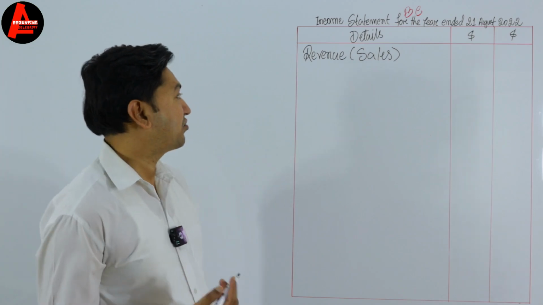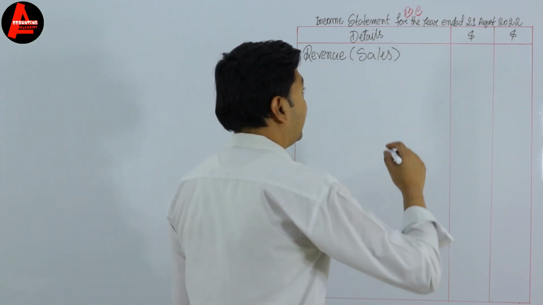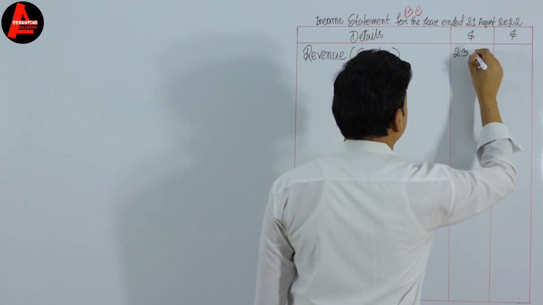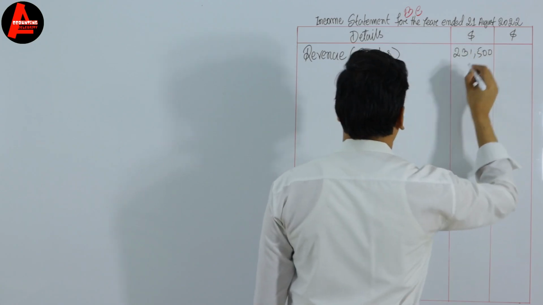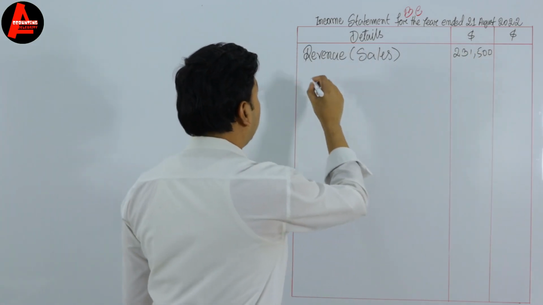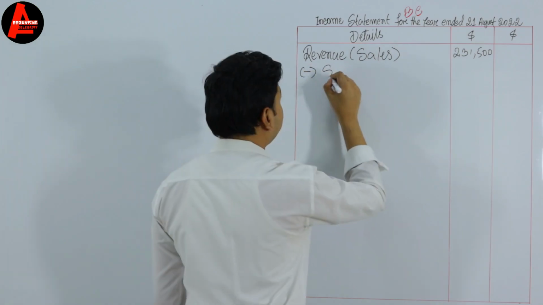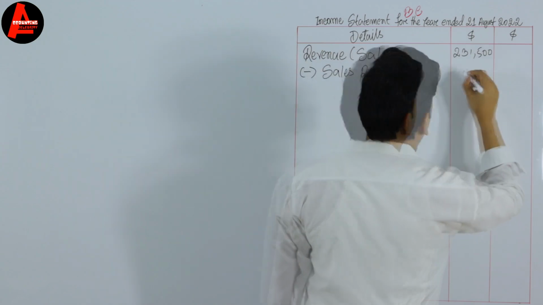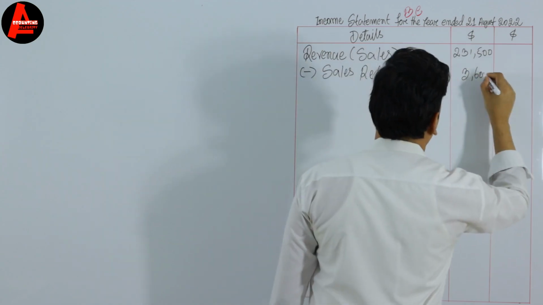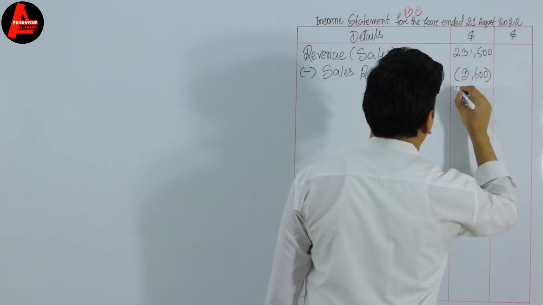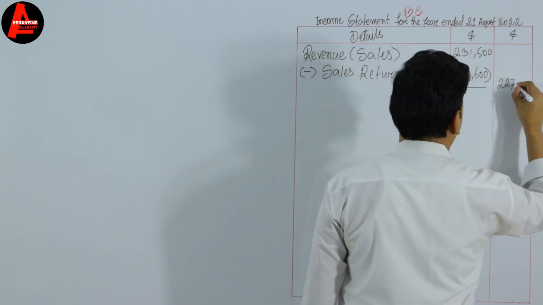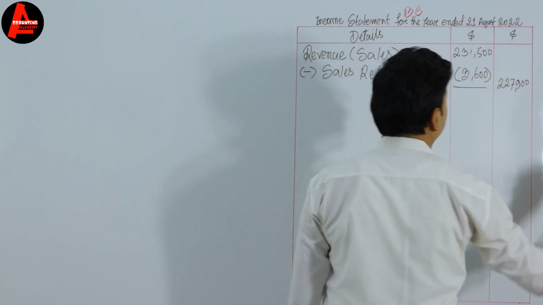So let us write here first of all revenue. We have on the question $231,500. So from here we will minus sales returns. On the question we have $3,600. So if we minus, we get $227,900.